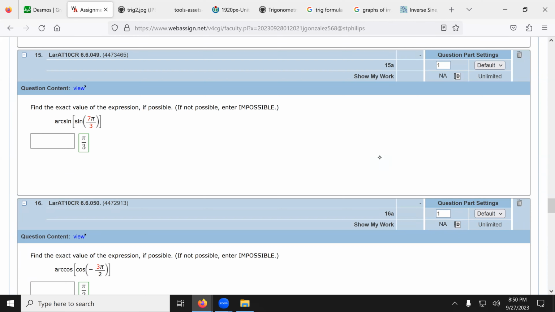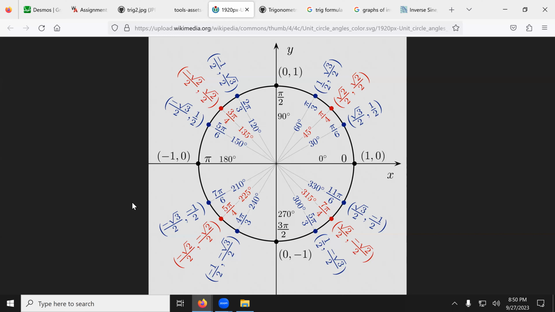Now, 7 pi thirds. See, these should cancel, and it feels like we should just get this 7 pi thirds, but I don't. I get pi thirds. So we need the coterminal angle that is less than 2 pi. So 7 pi thirds, where would that be? Right, 1 pi thirds, 2 pi thirds, 4 pi thirds, 5 pi thirds.